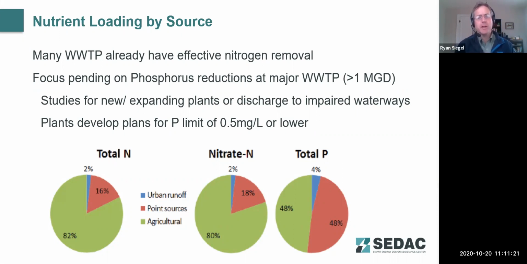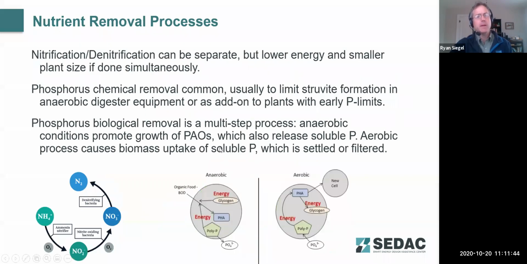And also recognizing that agriculture is really playing a large role in all of this. And so the 45% reduction is focusing not only on point sources such as wastewater treatment facilities, but also on agricultural sources as well.